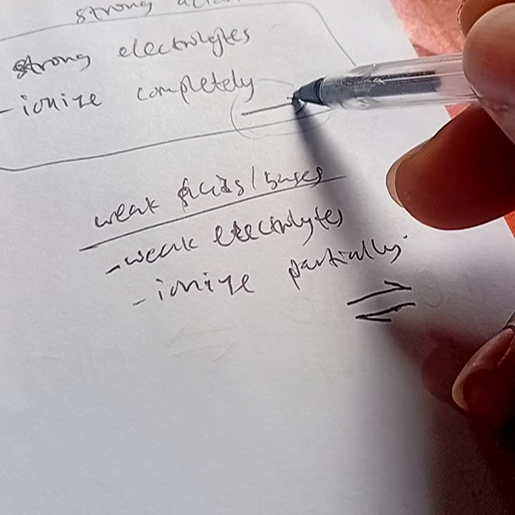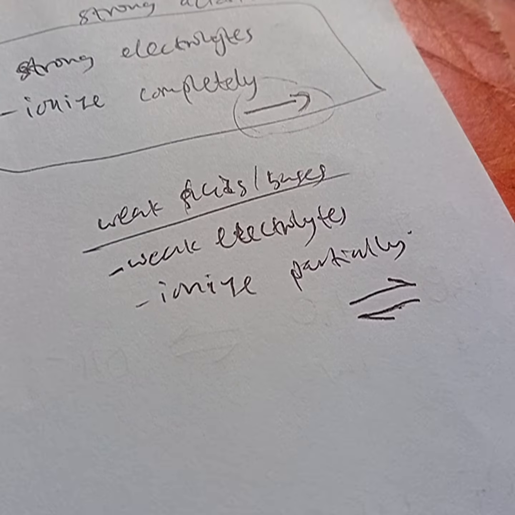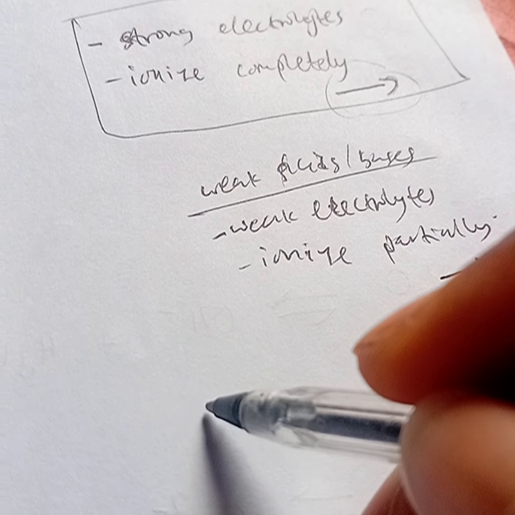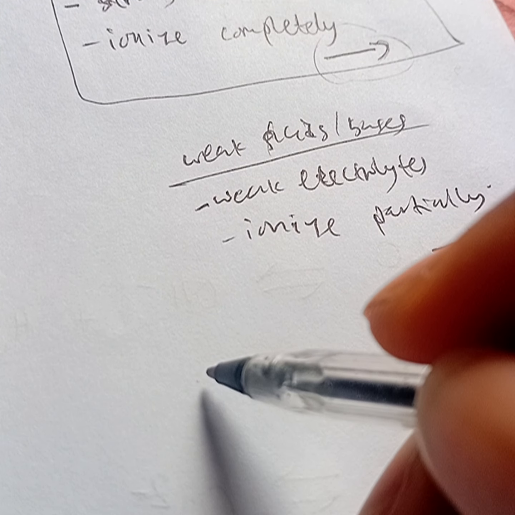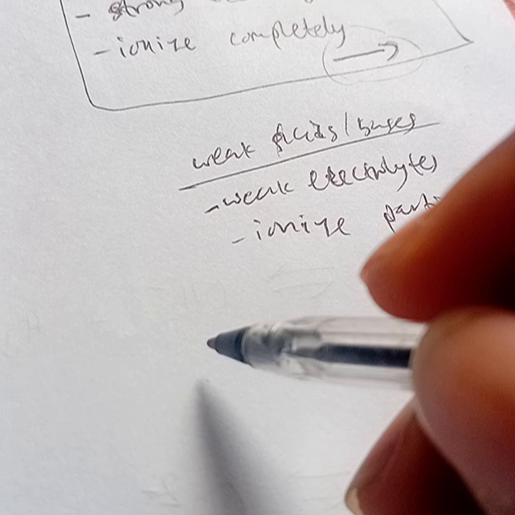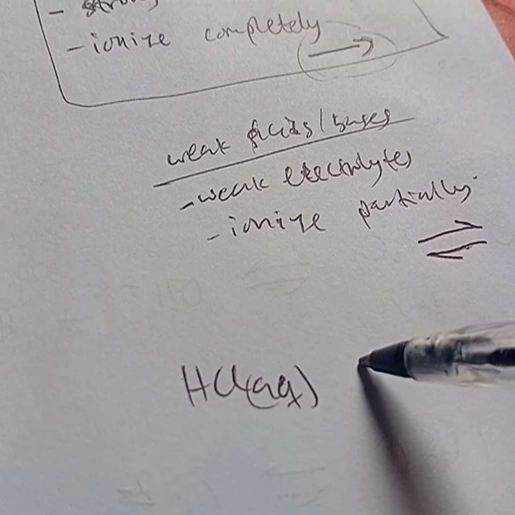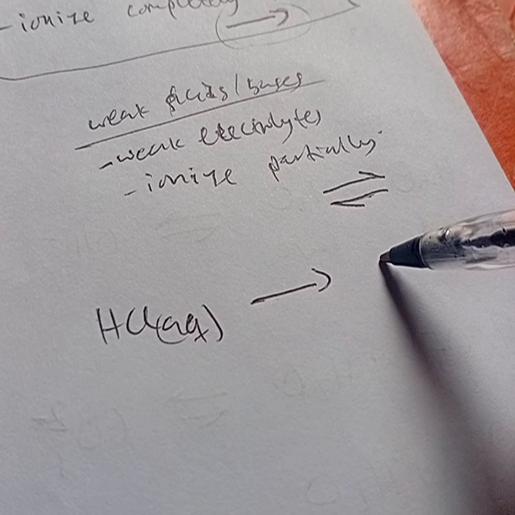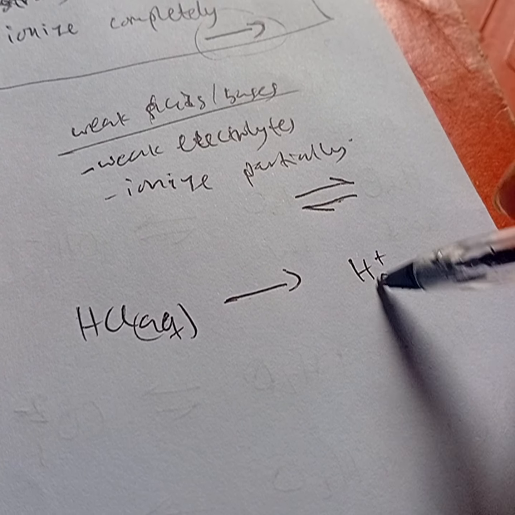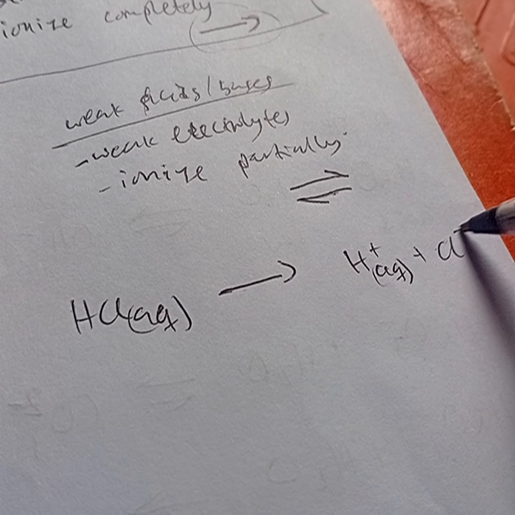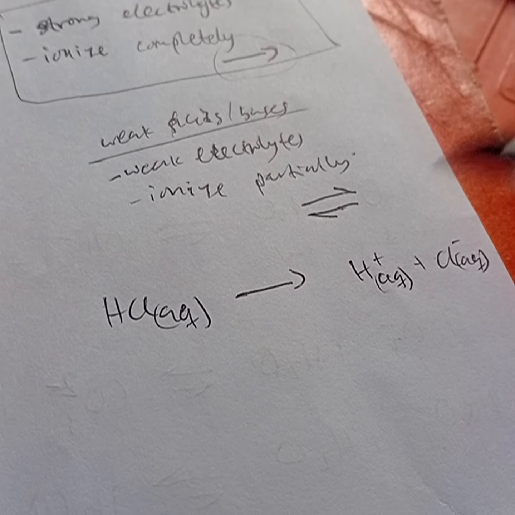Complete ionization means that if I have an acid here, let me use HCl for example, I put it in aqueous medium, it will go completely to H+ aqueous and Cl- aqueous. This is my initial.